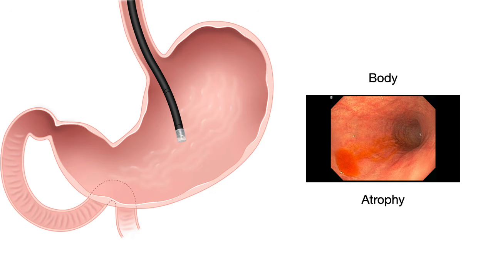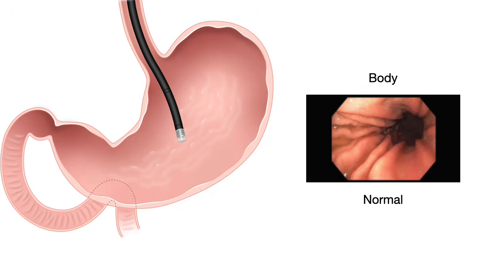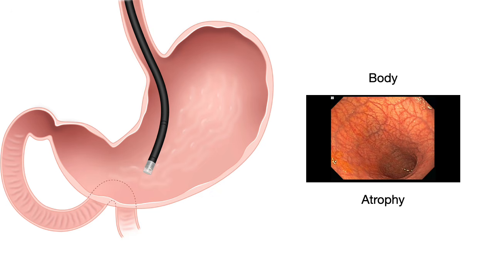So let us look at it. You see the gastric atrophy, there are no folds compared to this normal healthy stomach with folds, and again no folds. And in this case you could see the submucosal blood vessels. And if I show you this picture and ask you, hey, what is this?